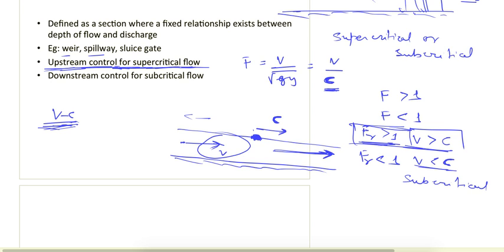So in this case, the net velocity in this direction, c is greater. So if I take in this direction, the velocity will come out to be c is greater, so this will be minus V plus C.